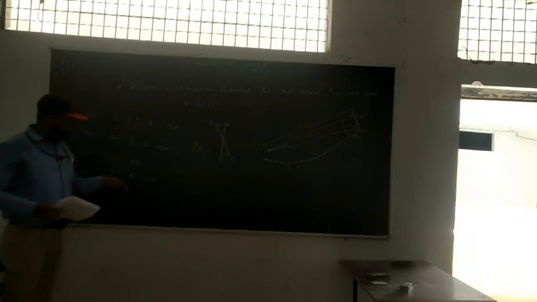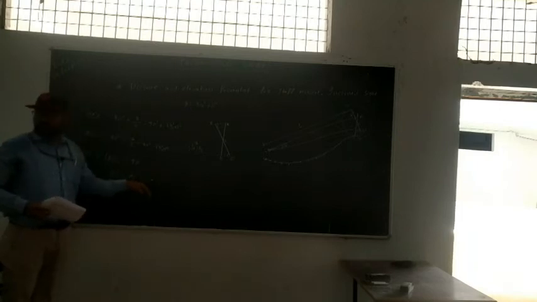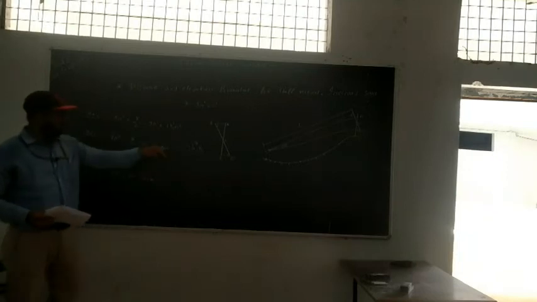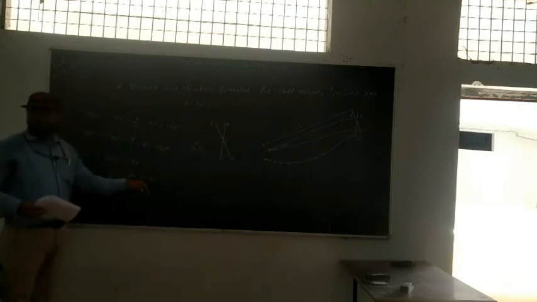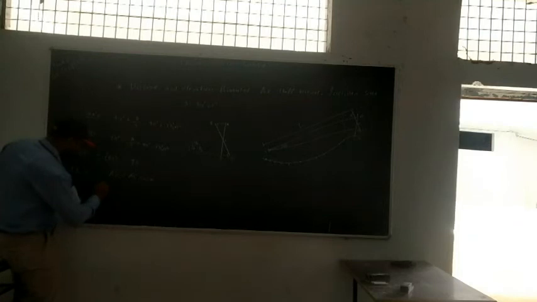A dash C is equal to AC into cos theta, where cos theta is equal to adjacent by hypotenuse, and hypotenuse is AC here. So AC into cos theta. Is there any doubt? No. Okay.